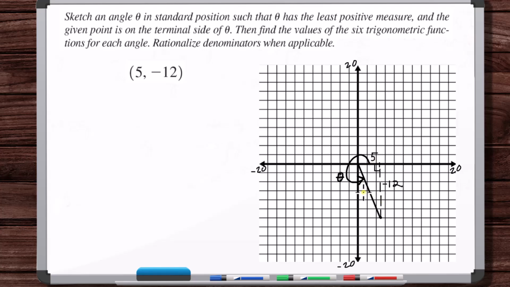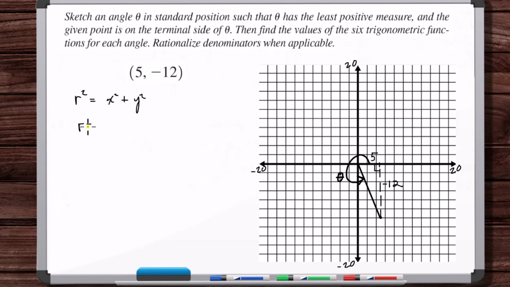Okay, then we want to find out what the hypotenuse is. This is the radius. What is this radius? We use the Pythagorean theorem. We've got the 2 side lengths. So r squared, that's the hypotenuse length, we call that the radius in the general definition, is equal to x squared plus y squared.